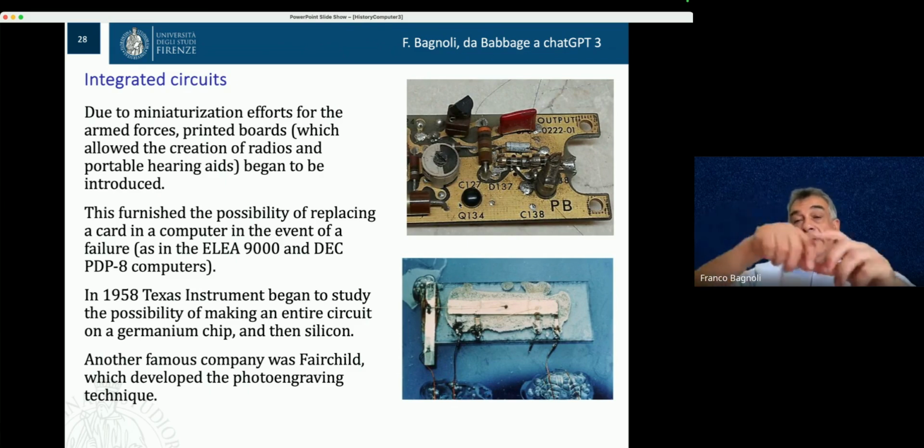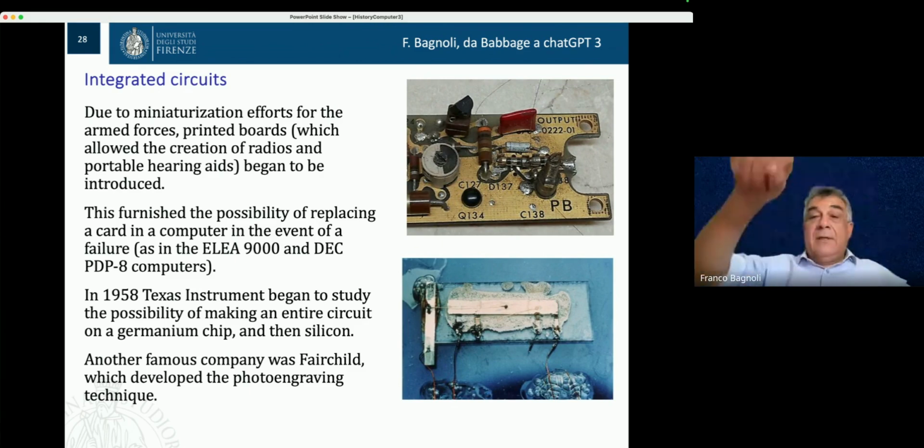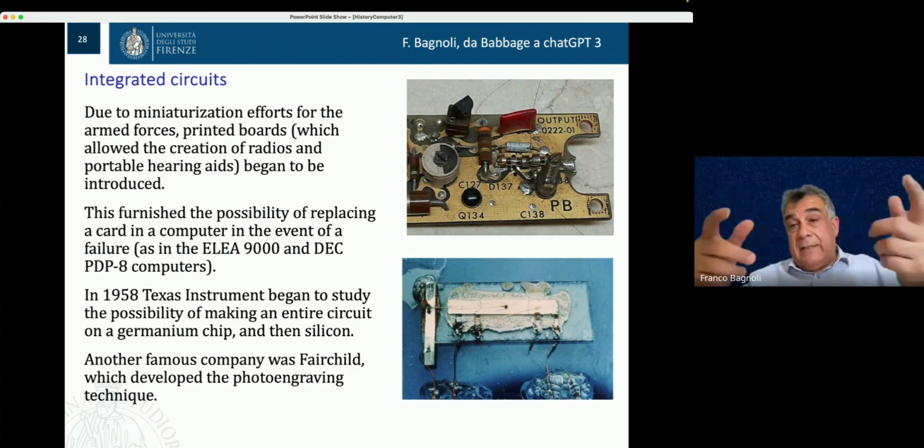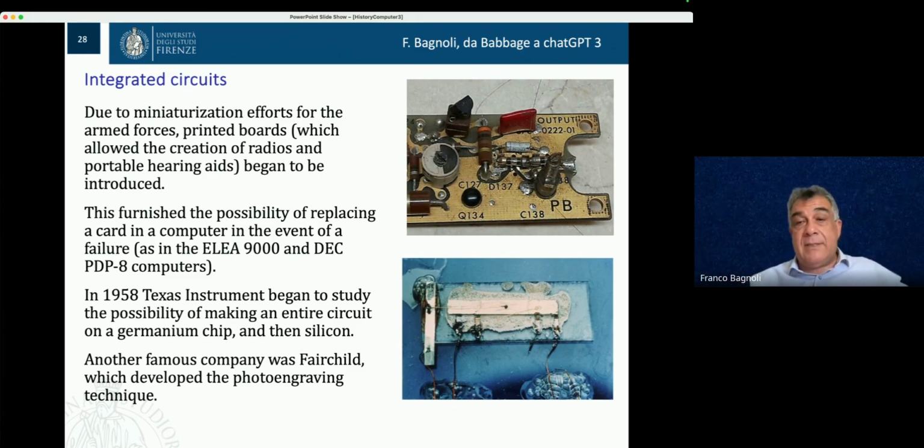So you can draw your circuit, and then clearly you have to make holes and solder your components on this.